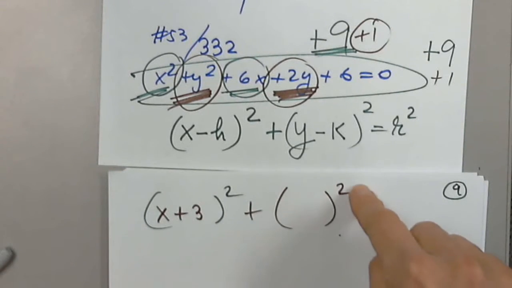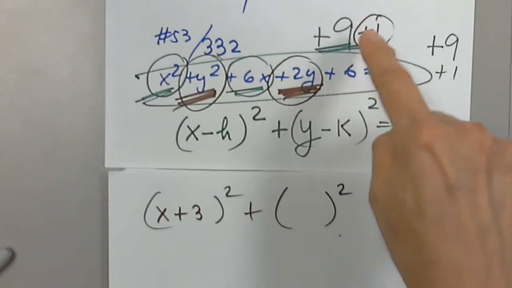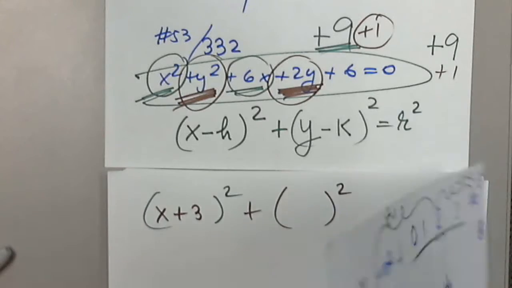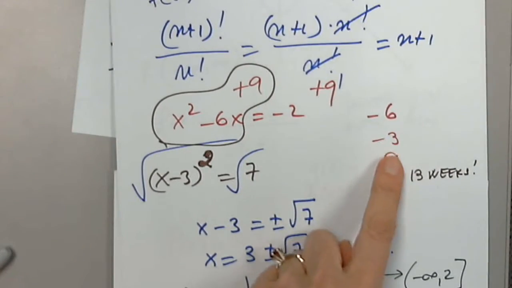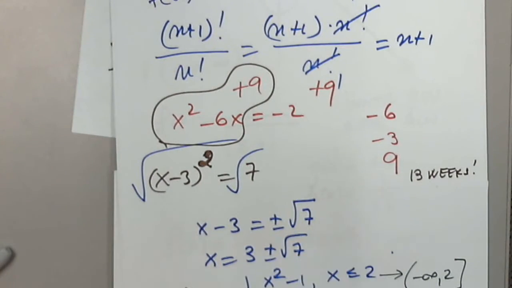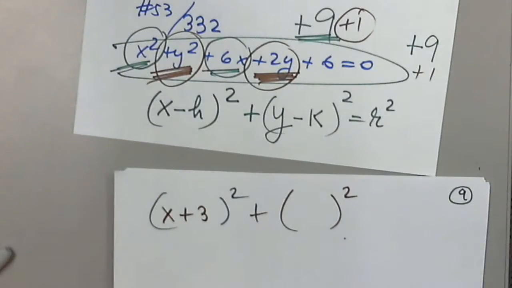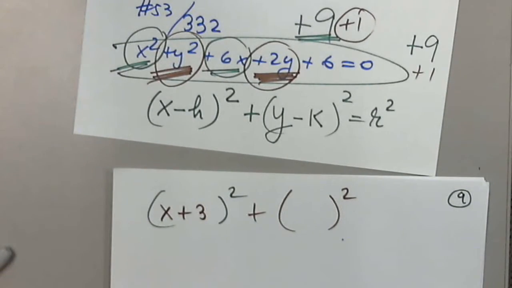What is this squared to give us this and this and this? Yes. The middle coefficient divided by 2 and square. Good.